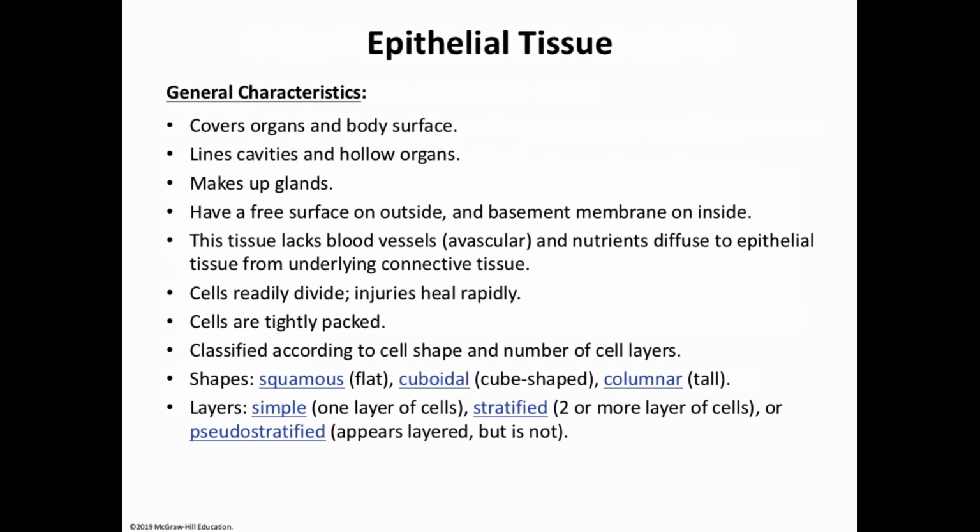Epithelial tissues always have a free apical surface that is exposed to the outside or to some open space inside the body. Since it always has that free surface, it is also anchored to a basement membrane. Just deep to the basement membrane is the underlying connective tissue.